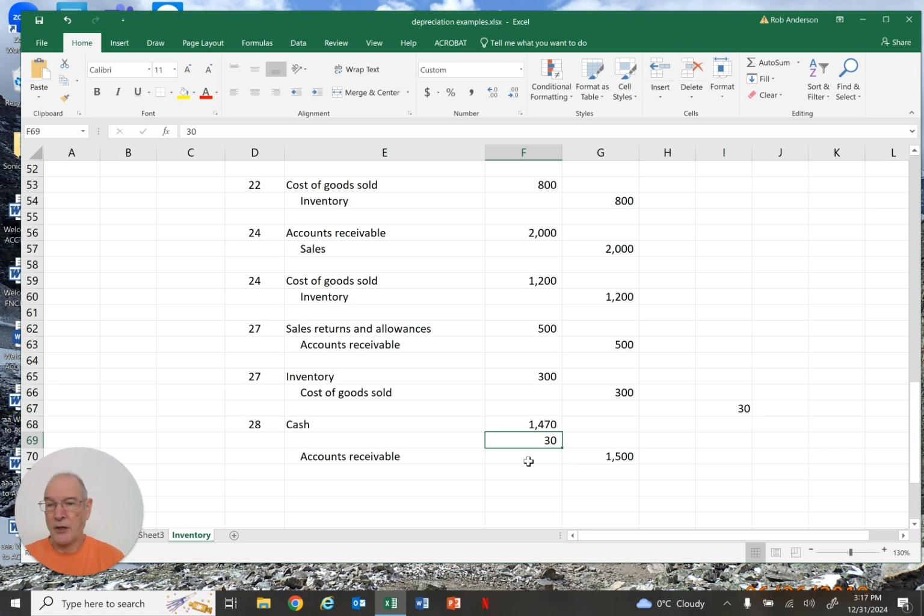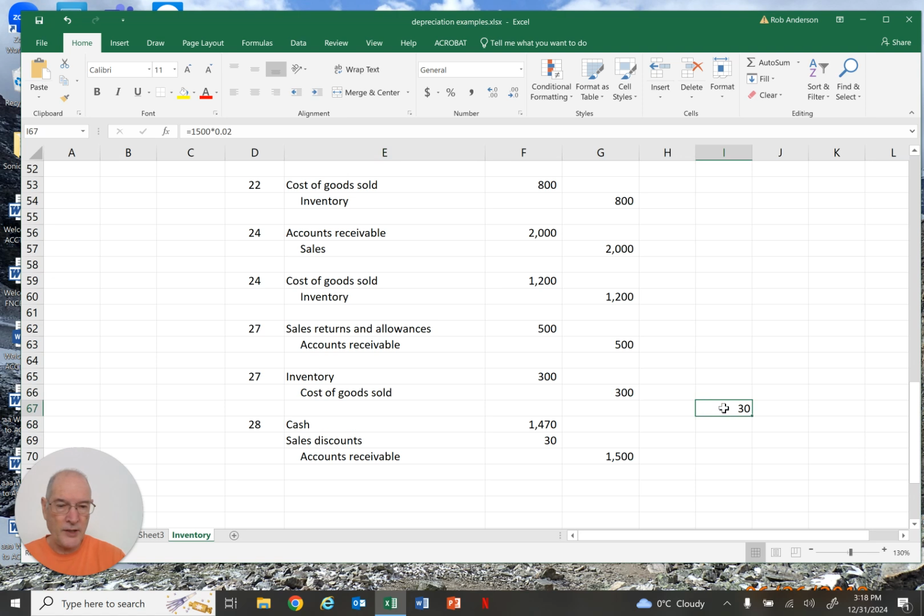Think of this: it reduces your sale. You originally sold $1,500, but you just gave them $30 off. So in fact, your sales amount went down, but just like returns, we don't debit sales. We have another account to debit, and that is simply sales discounts. So simple enough, right? Every discount is a debit to sales discounts. Now your net sale is $1,470.